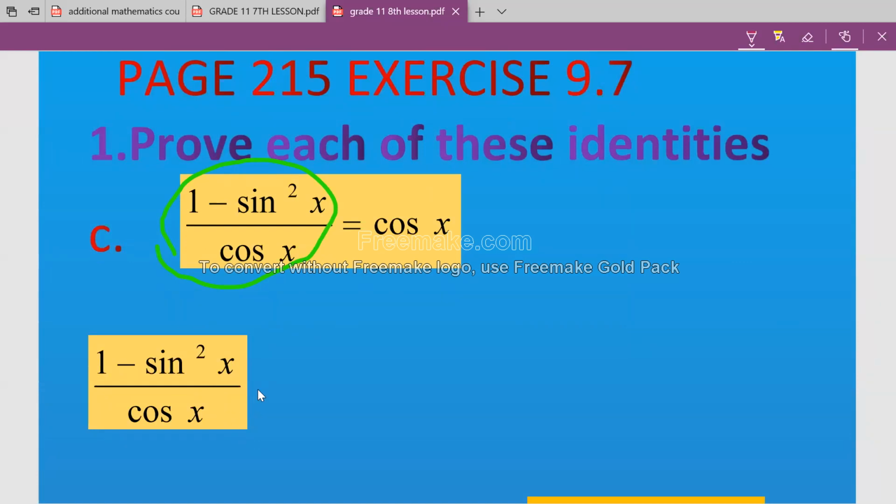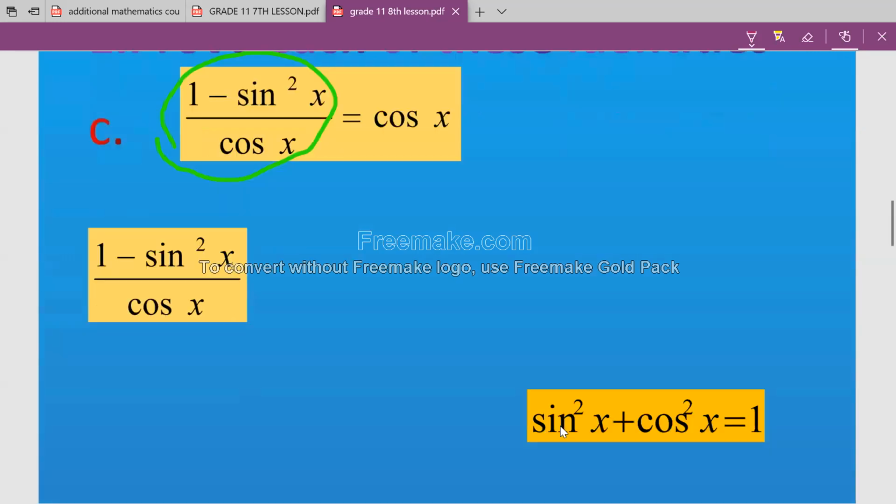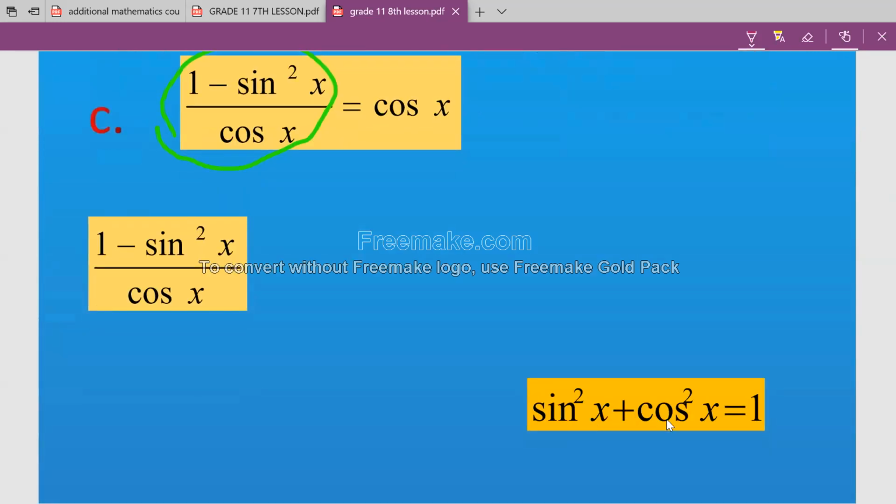How can we simplify? What do we know? We know one identity which is always true. What is it? Sine square x plus cosine square x equals 1.